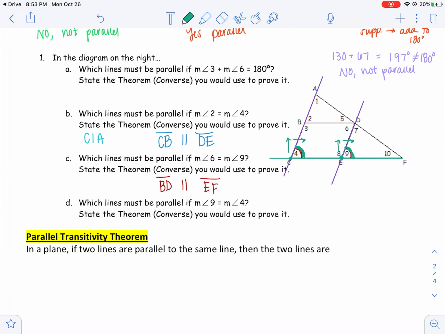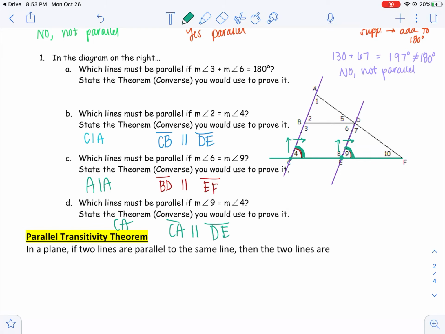Whoops, we didn't write alternate exterior angles, my bad, or alternate interior angles, corresponding angles, and I'm going to state that the line CA, I'm going to use the whole thing, is parallel to the line DE. Okay?